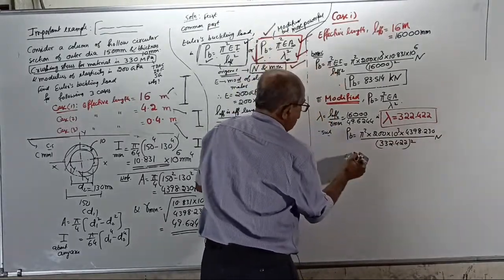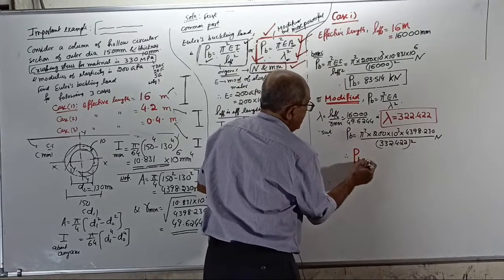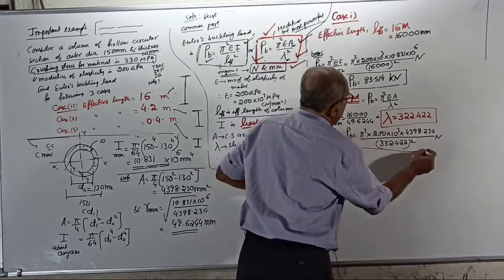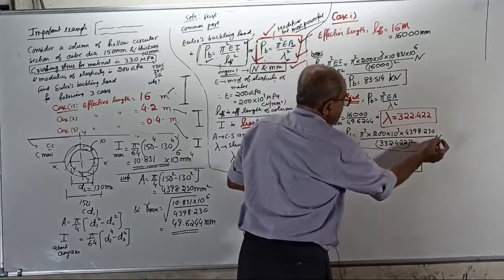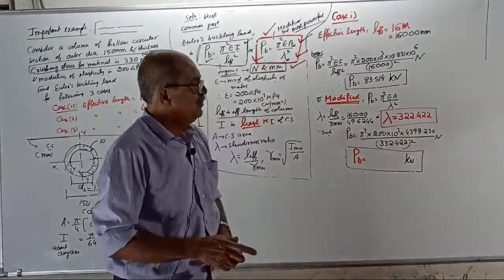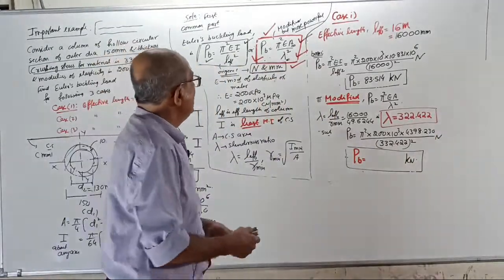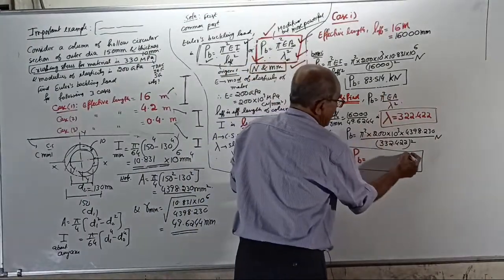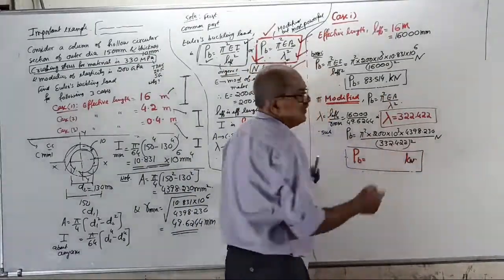Therefore, if you go to the modified formula, your buckling load will come. Tell me how much. It comes in Newton, convert to kilonewton. Red color I will write. See, black color for original formula, red color for modified formula.